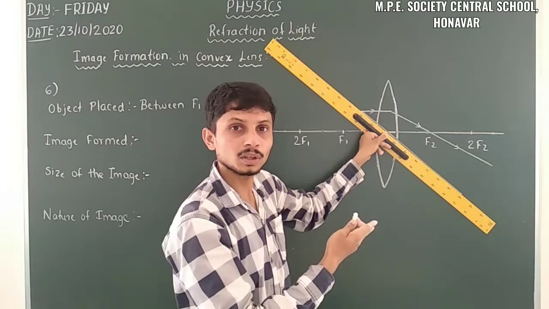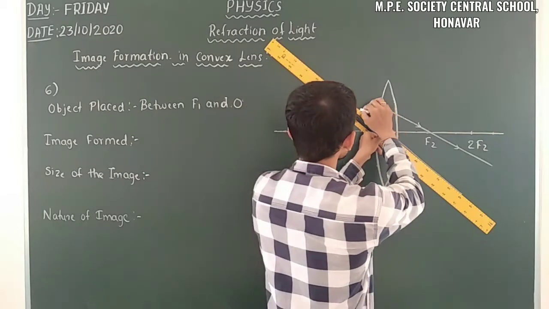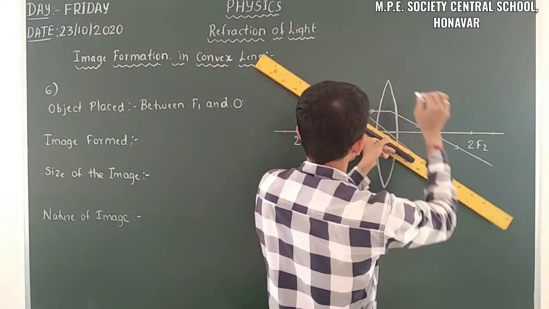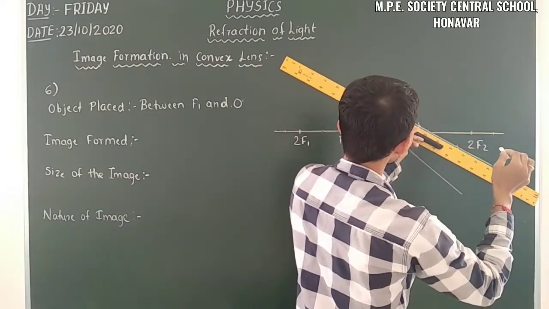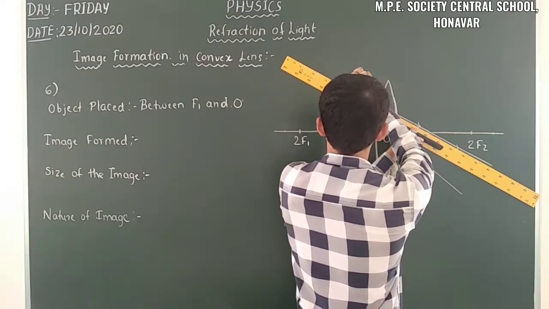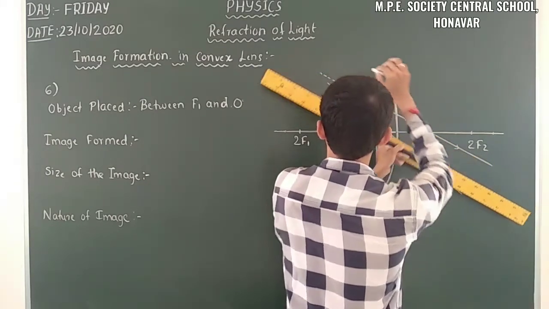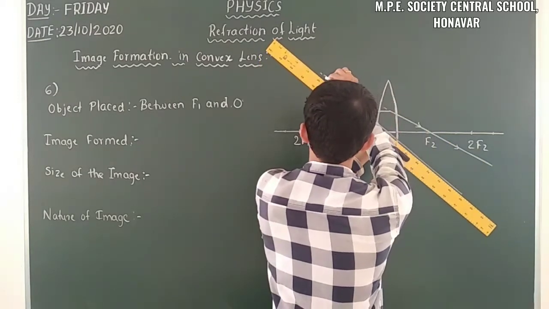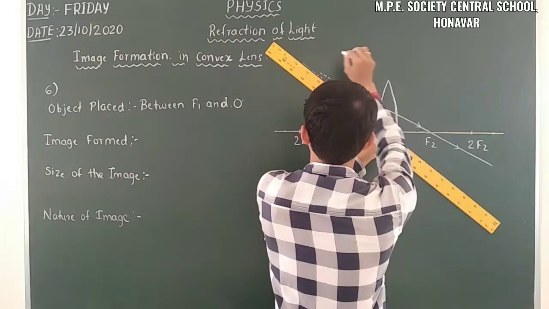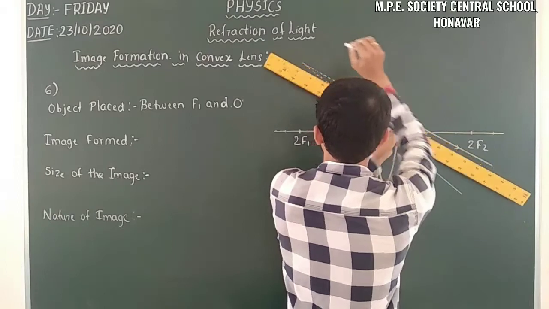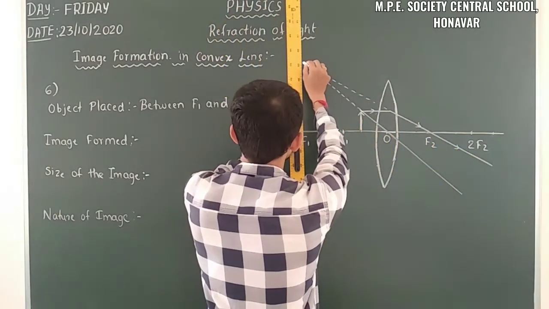So here we have to extend backward, also here we have to extend like this. At one point they intersect, so the image is formed here.